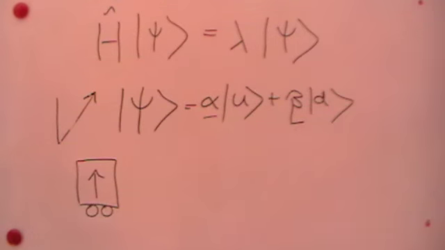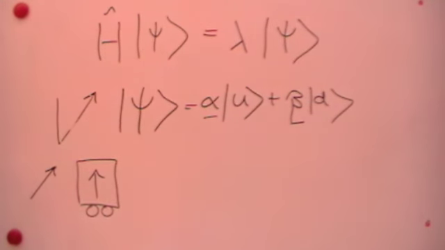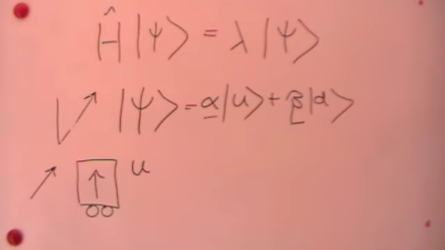But here's a further element of weirdness. This is my electron, just one electron. It has this state, a little bit of up, a little bit of down. You take it and you measure it in my device. That device will give you a result, either up or down. Let's suppose, just for a moment, that on this particular occasion, this electron is measured as spin up when it goes through the measuring device.